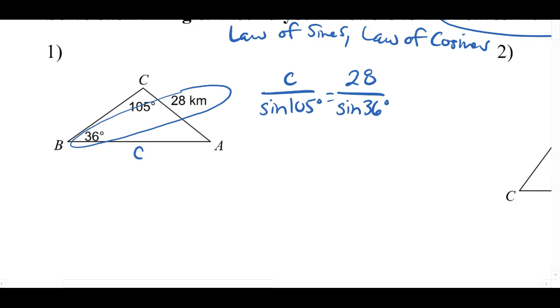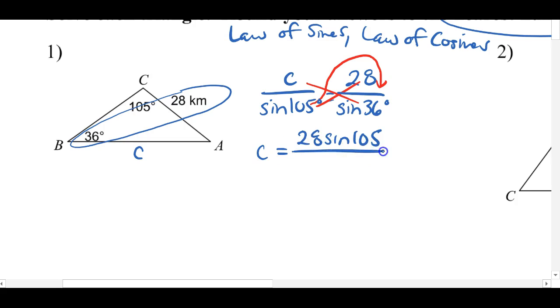Now again, just like I told you guys in class, what we're going to do here is cross multiply. But the nice thing is I can just take this sine of 105 and place it up there and multiply it times 28. So now when I rewrite this, it will be C equals 28 times the sine of 105 divided by sine of 36.